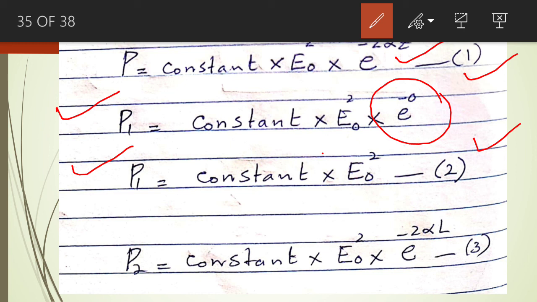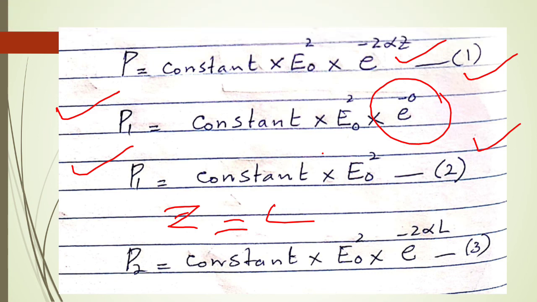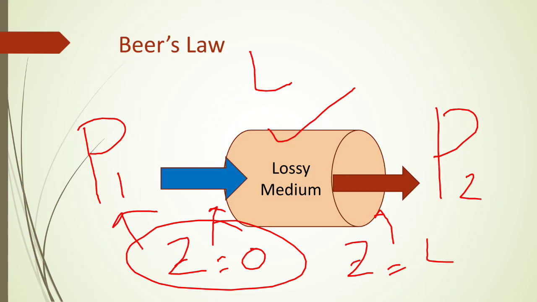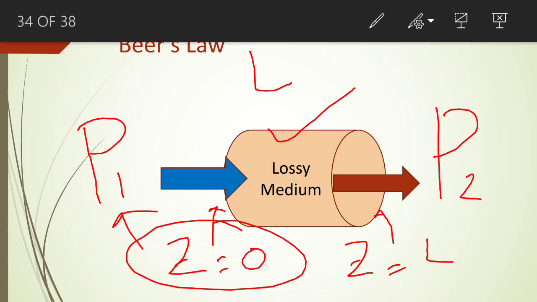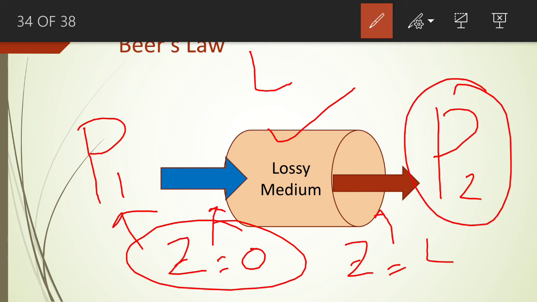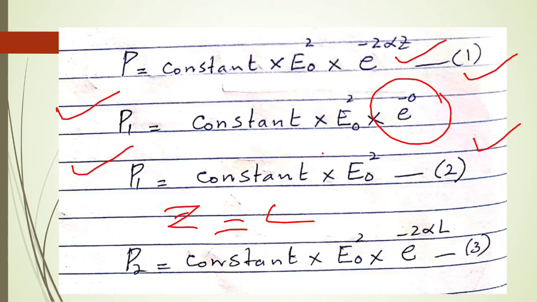For P2, Z is equal to L. If we consider the previous diagram, for P2, the value of Z is L. So let us put the value of Z in equation number 1 to get P2.